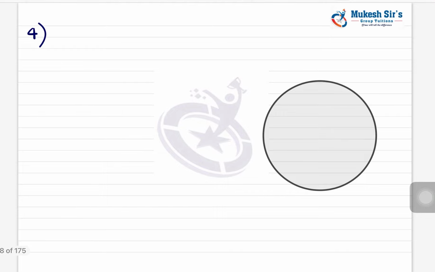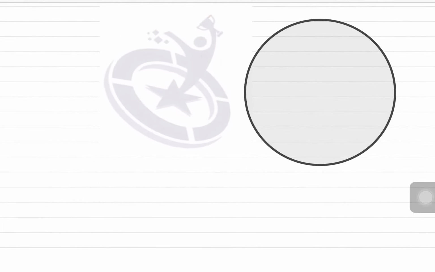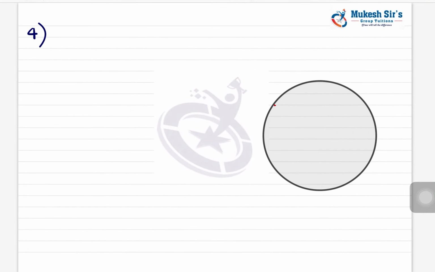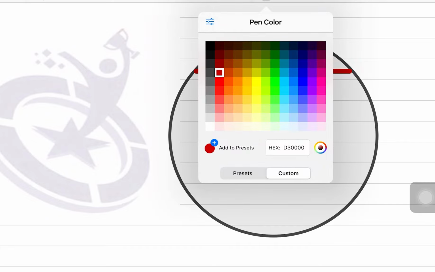The fourth is a very important property. In a circle or in congruent circles, if you have two congruent chords. So suppose you have chord AB. यहाँ पे अगर दो chords equal हैं, chord AB is congruent to chord PQ.